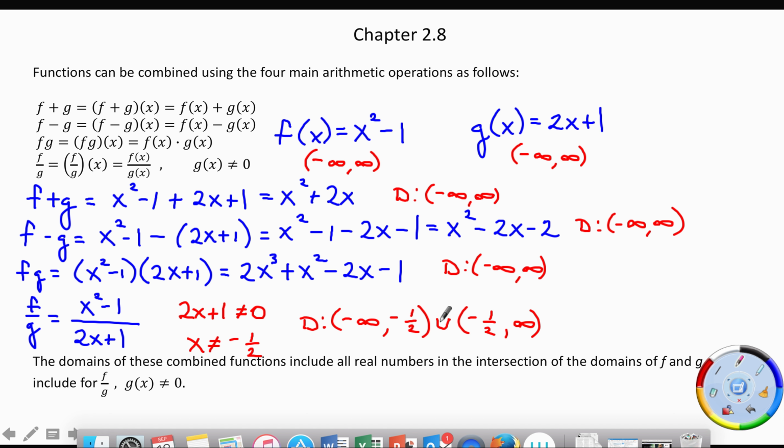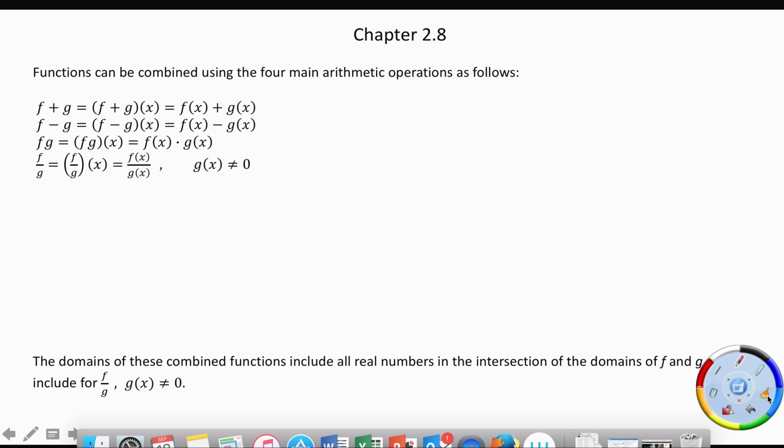All right, let's try that again for maybe functions whose domain is not all real numbers. Let's say we have f of x is square root of x plus 1, and maybe g of x is 1 over x minus 2.